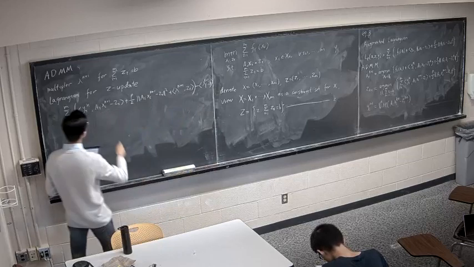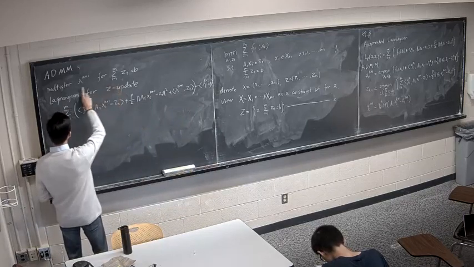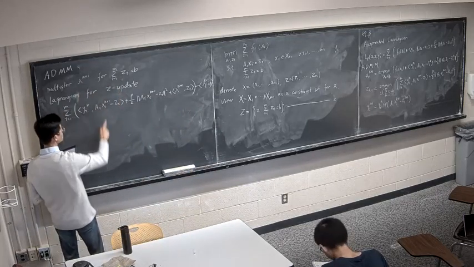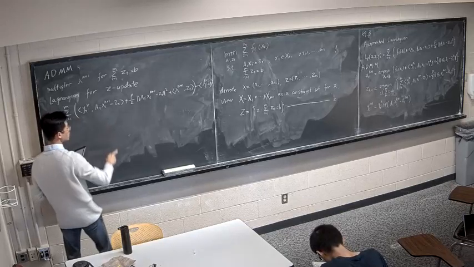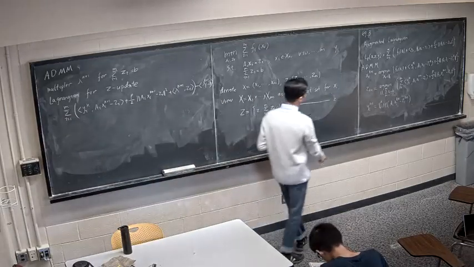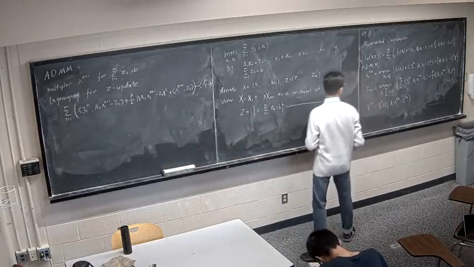Right, we just dualize this constraint using the multiplier lambda k+1. This is the Lagrangian for this minimization problem.